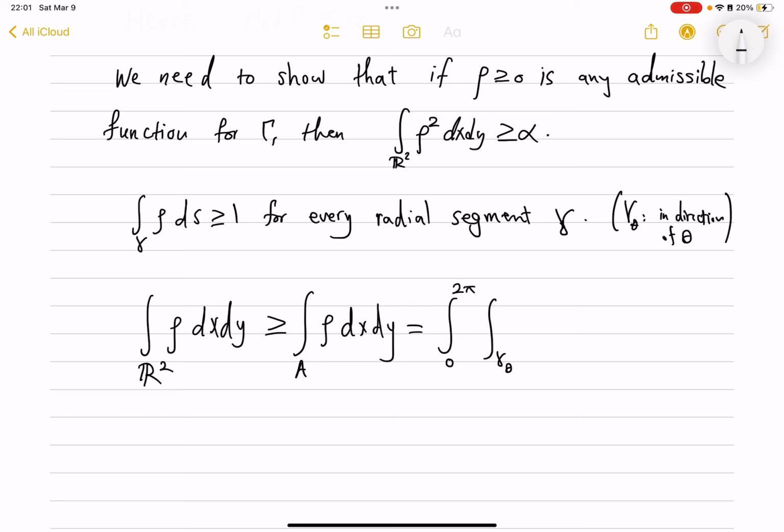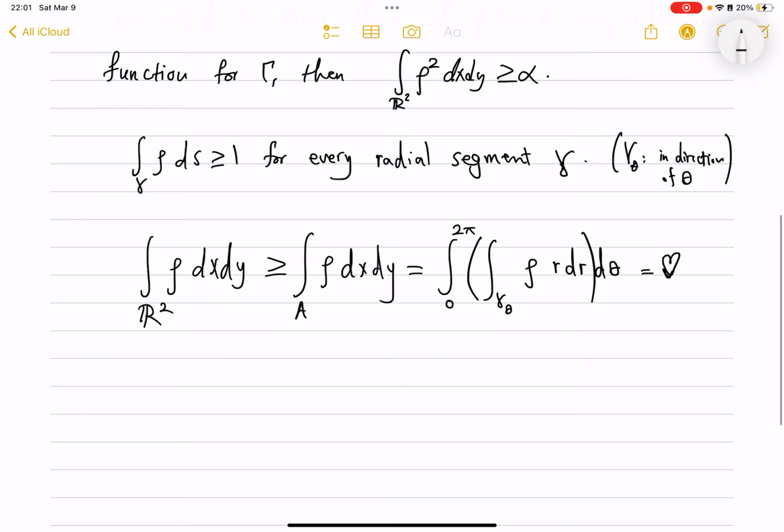So the integral over gamma theta of rho, described now in polar coordinates, and then there is r dr d theta. So this inner integral, you parameterize this gamma theta in terms of r, and then you do this one. Here is where we want to put the lower bound on this thing and then continue. Let me call this quantity this heart, and we will continue estimating heart from below down here.